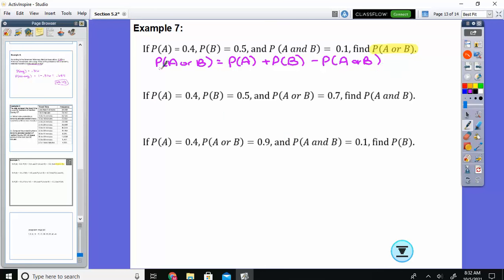So if you write out your formula, we can just solve. I don't know the probability of A or B. What's the probability of A? 0.4. Plus, what's the probability of B? Minus, what's the probability of A and B? And you get 0.8.